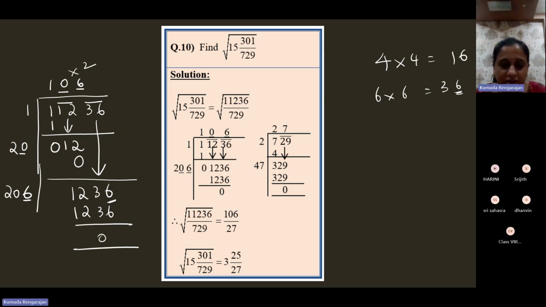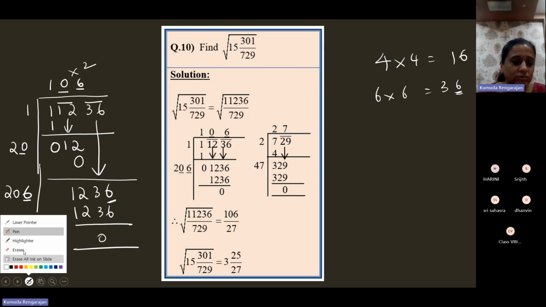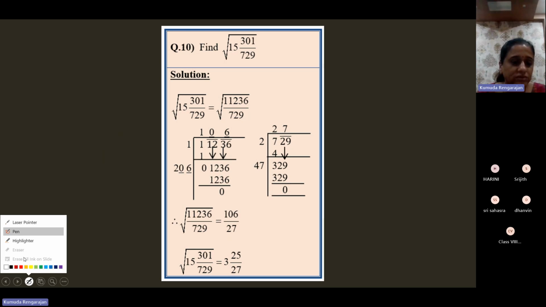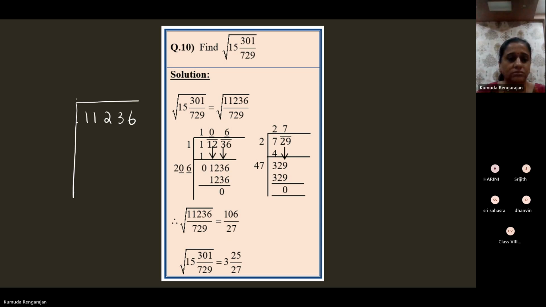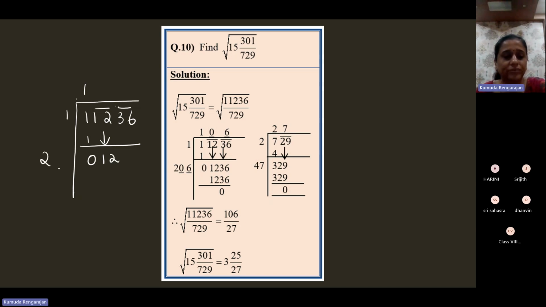Here you can see this division is slightly different. I'll tell you that also. You can also do it like this. 1 one is 1, 0 is the remainder. The next pair comes down. Double the quotient, 2.